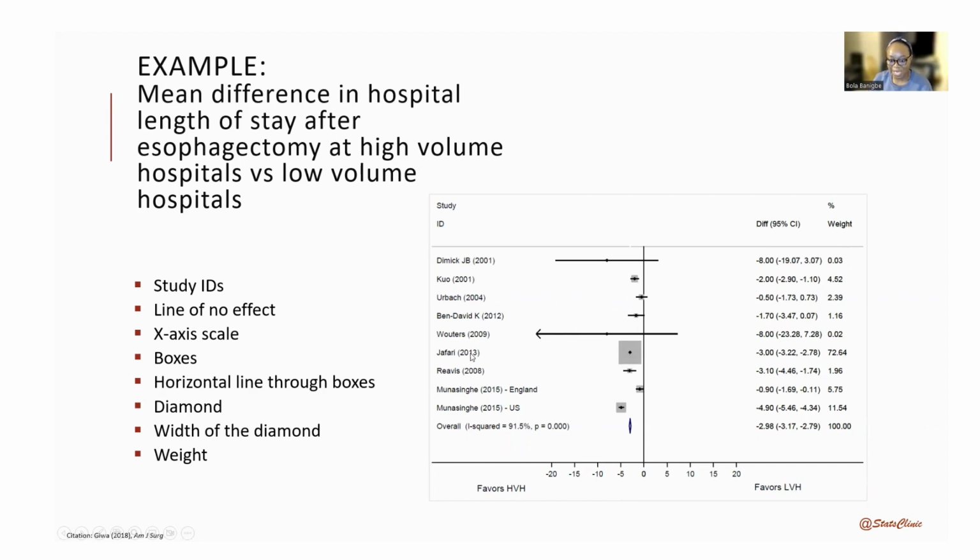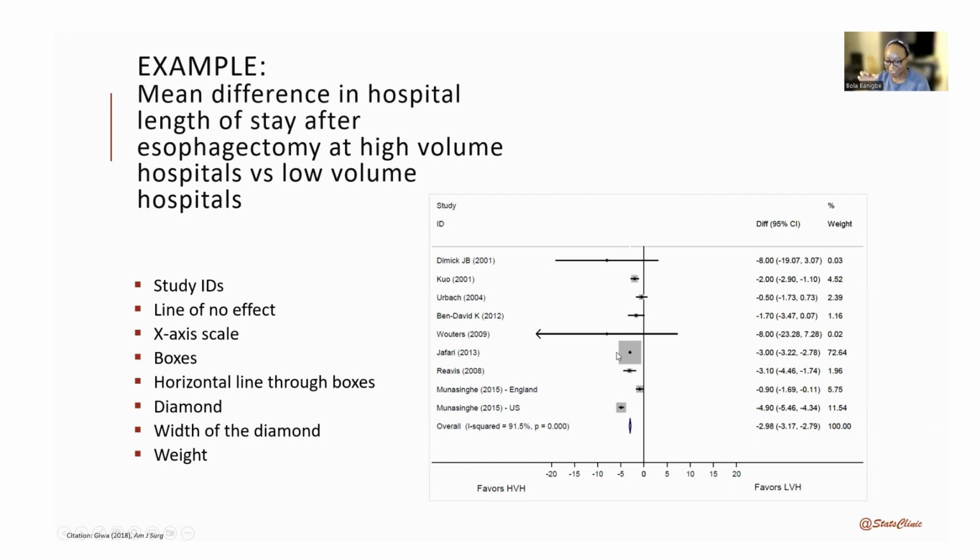Then if you look at the boxes, the squares, for instance, that represent the weight, this Jafari 2013 study is huge compared to the others. And if you look at this column, you can see that it has a weight of 72.6. So basically almost a third of the weight in this meta-analysis is from one study. And you can see also there's almost no horizontal line around it.